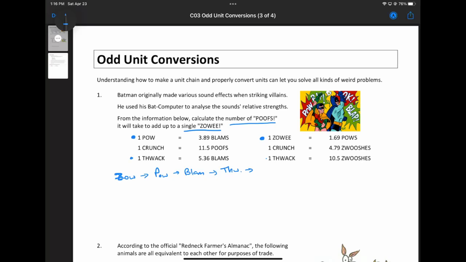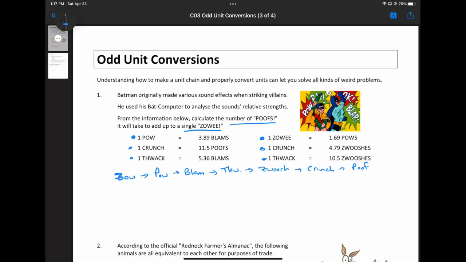Thwacks and swooshes. And then swooshes and crunches. And crunches and poofs. Perfectly. We've closed the circle. So this is how we convert zowies into poofs along that relatively long, drawn-out process.